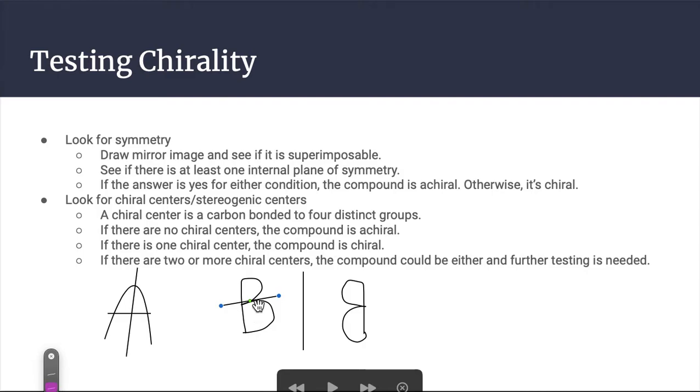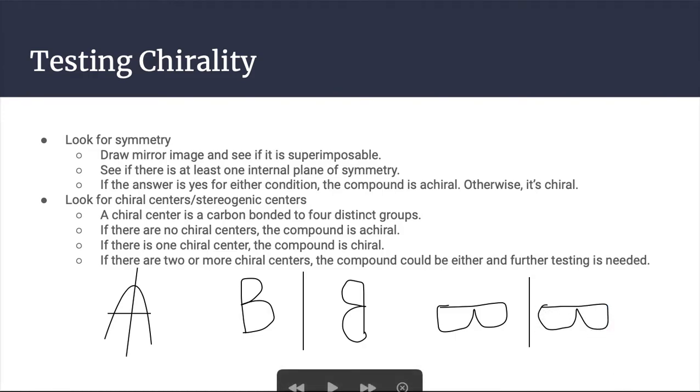So it doesn't make sense that one test passed and one test failed, right? Well, that's because the mirror image test did not really fail. What you can do is make slight changes to the compound or object you're looking at and do the mirror image test again. So I could rotate the letter B a little, and if I drew it out, you would see that now they do look the same.